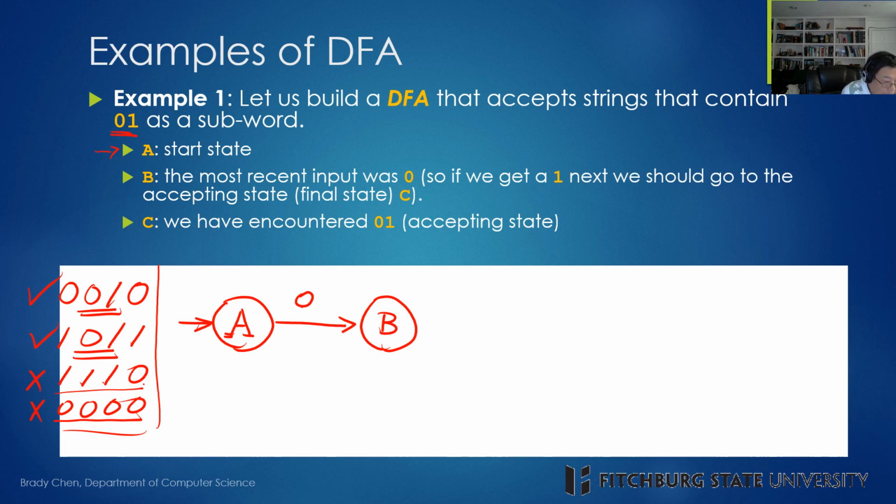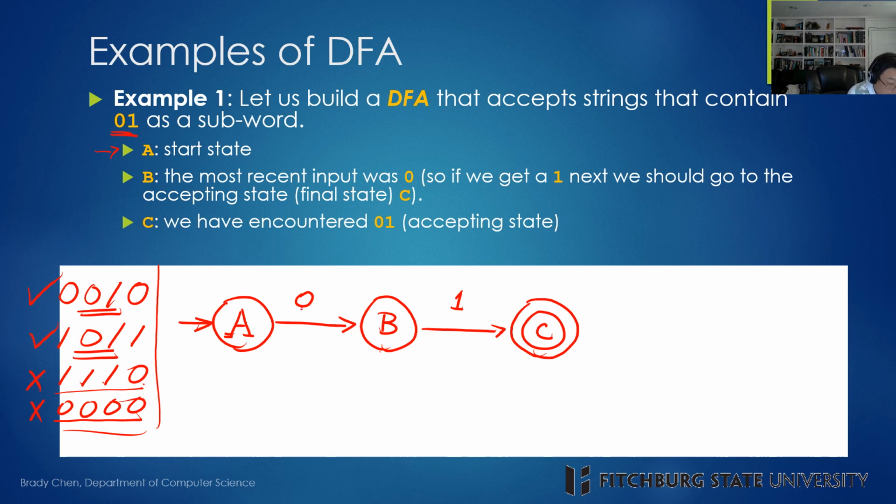Because with state B, the most recent input was 0. So that means we just need to get 1 next. Then we will get 0, 1, right? So if we get 1 next, starting from the state B, then we will reach an accepting state, right?